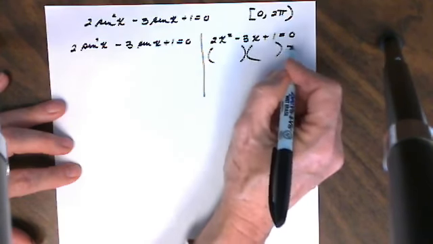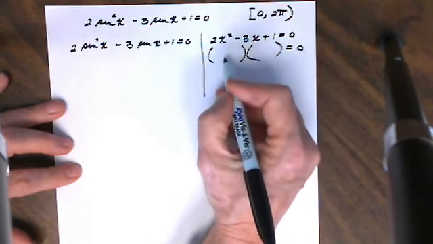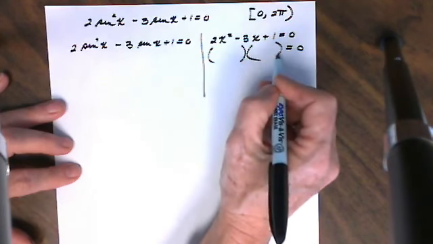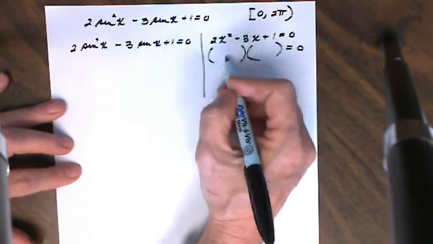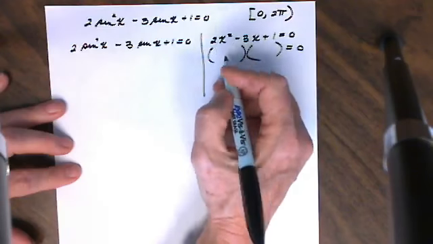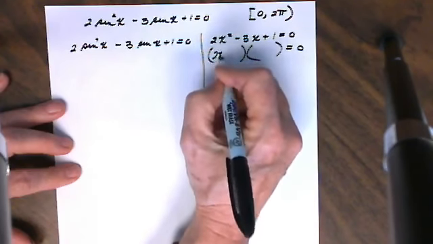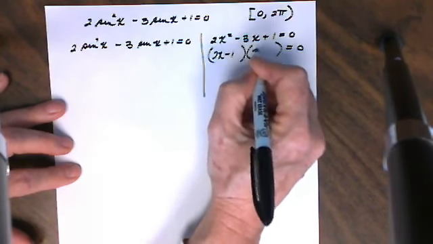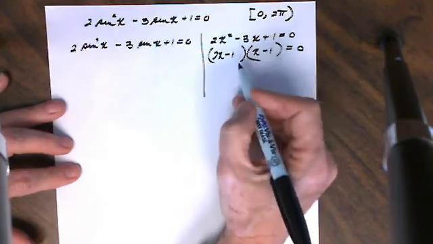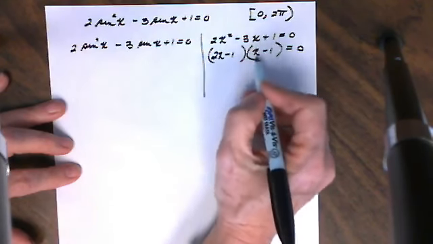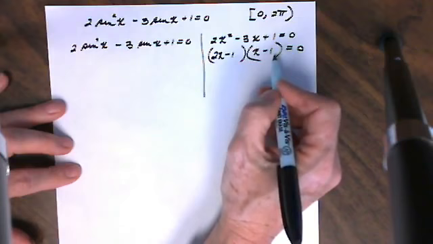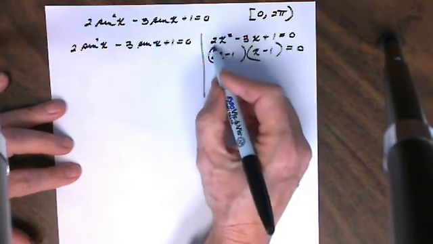I'm going to attempt to factor this trinomial into 2 terms times 2 terms. After playing around with the various terms, I see that the correct factors are 2x minus 1 times x minus 1. If I were to FOIL these, I would get the trinomial on the upper line.